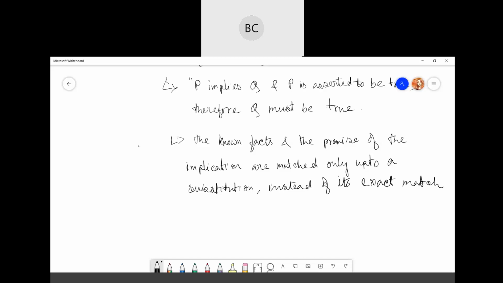So as long as we have a substitution, we can simply use the generalized version. We will not just wait for the exact match.